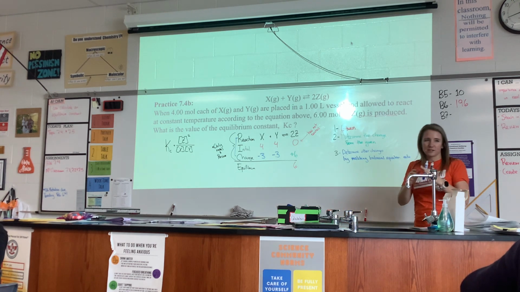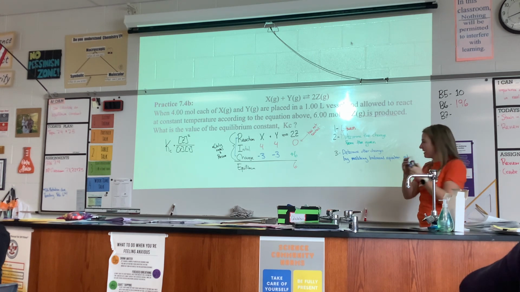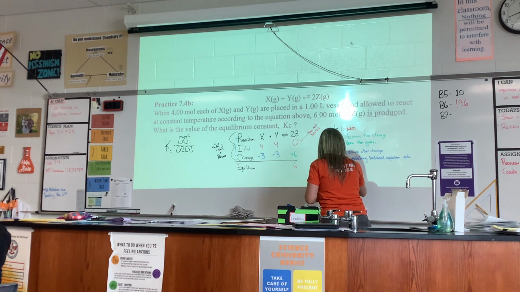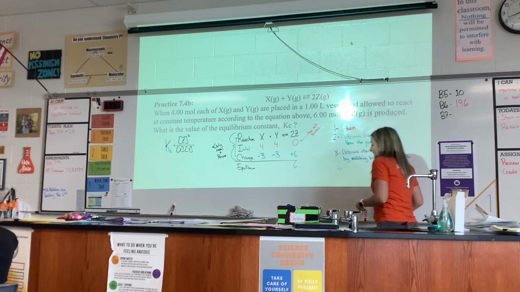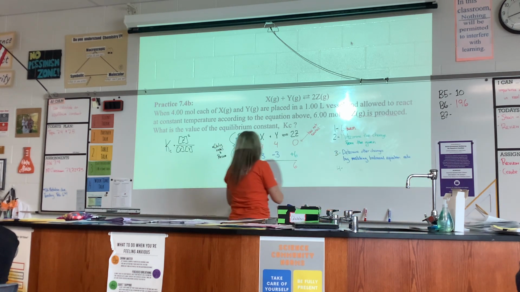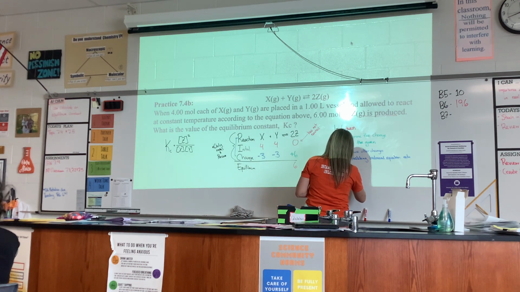Okay, good so far? All right, 4th color, final step. Hopefully you can see where it's headed. Final step is determine the equilibrium values.